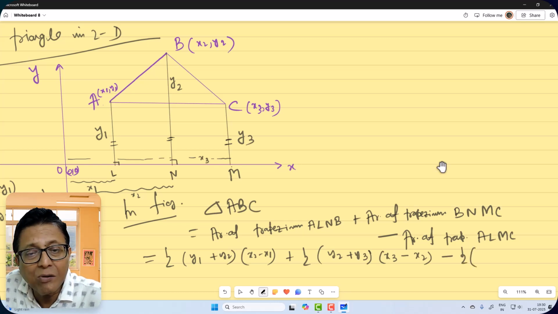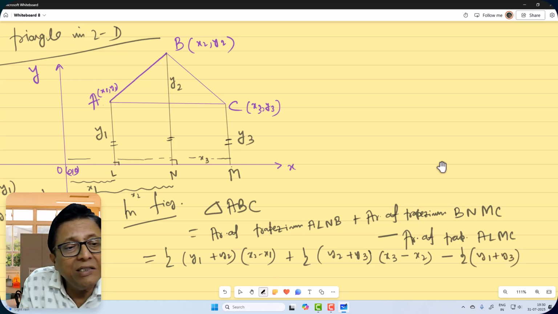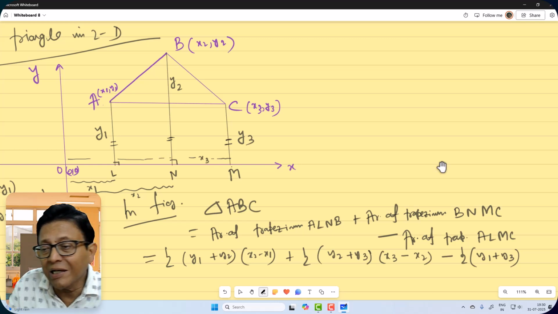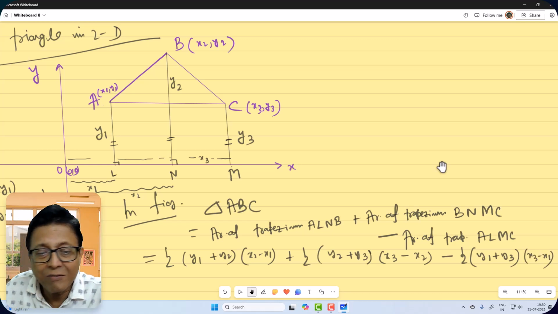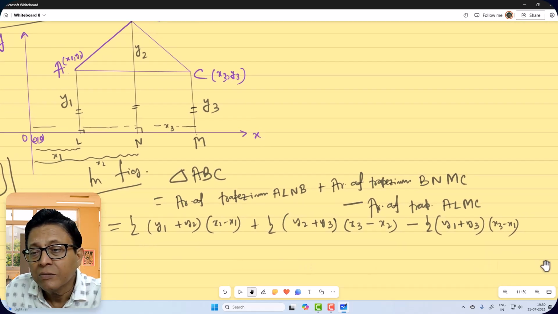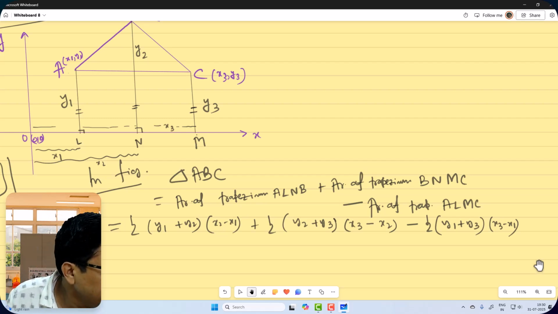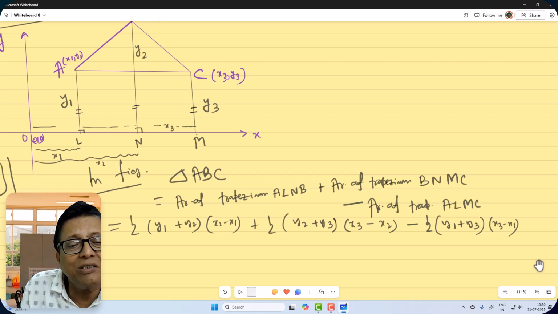Again, half into the sum of two parallel sides into (x3 minus x1). Clear? So this way we can write the area of triangle ABC. We want a positive sign always, so we change accordingly.